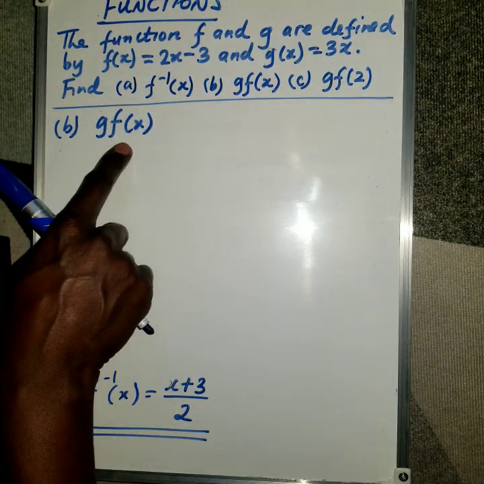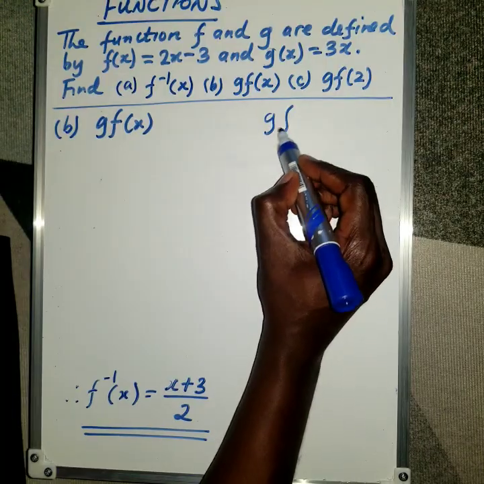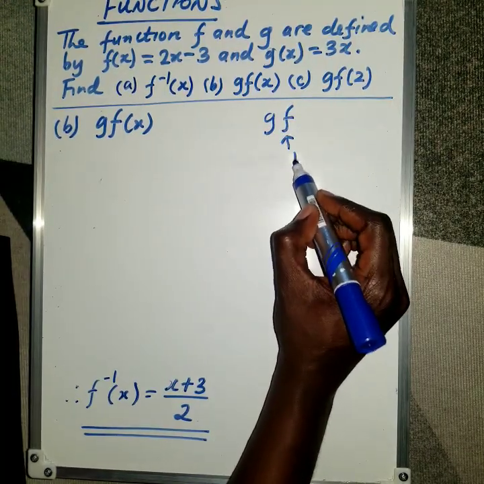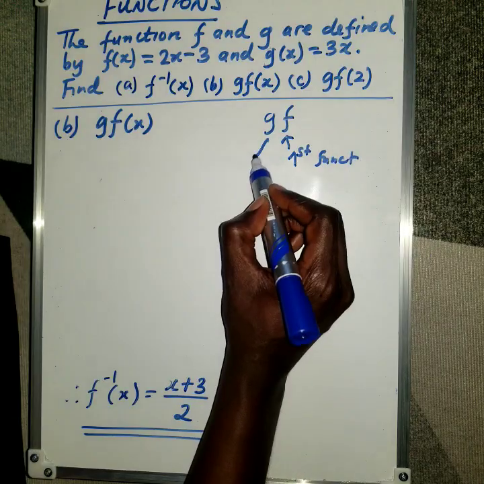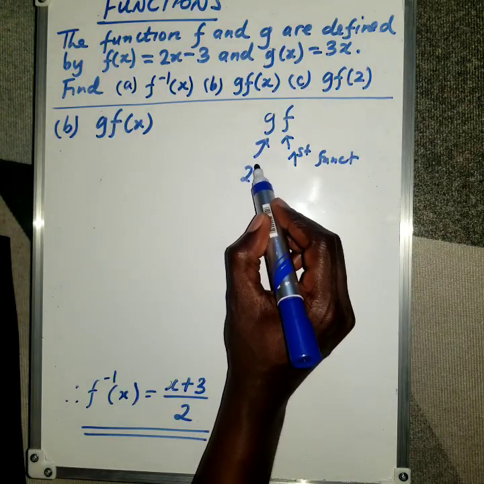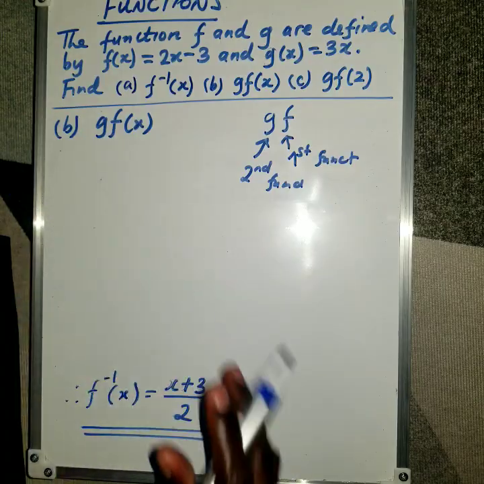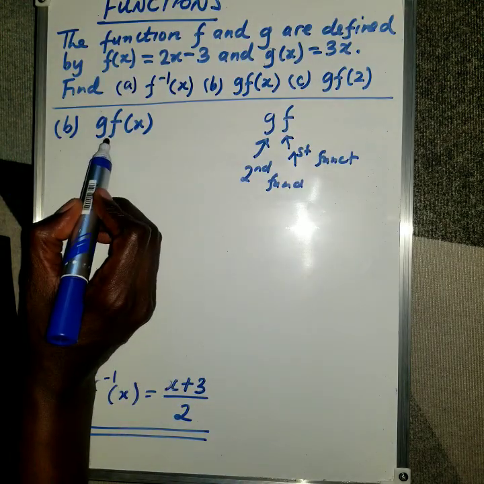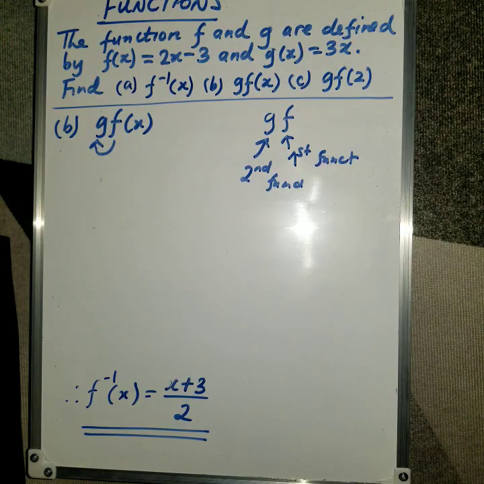Now when they give you gf of x, this one is what we say is the first function, and that one is the second function. Now g of f, what they want you to do is to get the first function and substitute it in the second function. That's what they are telling you.